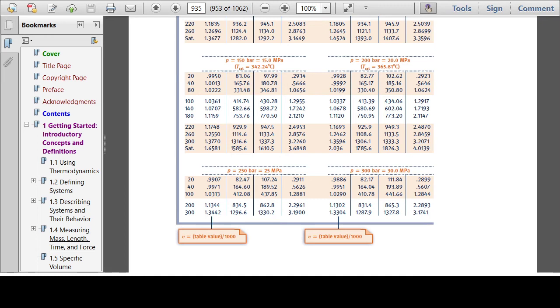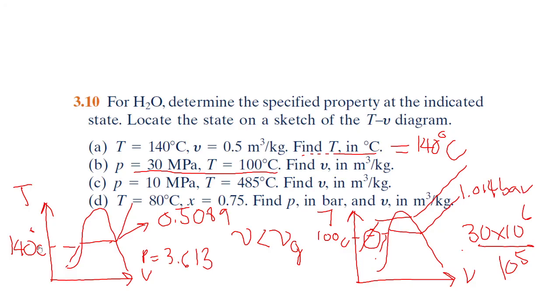So at 30 megapascal and 100 degrees Celsius, the corresponding value is 1.029 into 10 raised to power minus 3. So V of part B is 1.029 into 10 raised to power minus 3 meter cube per kg.